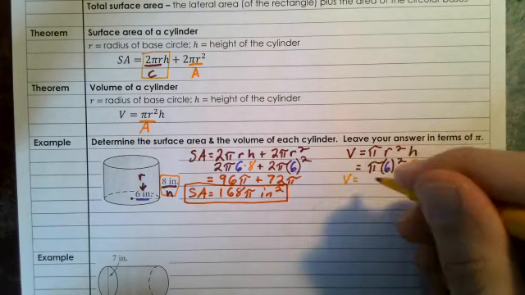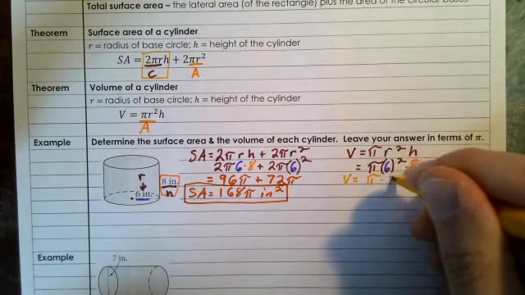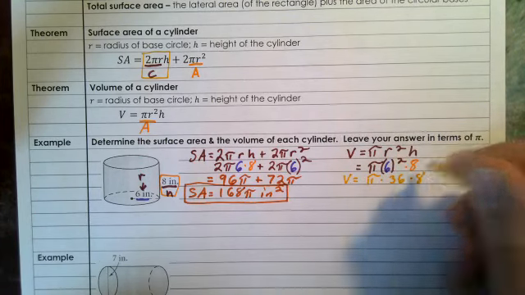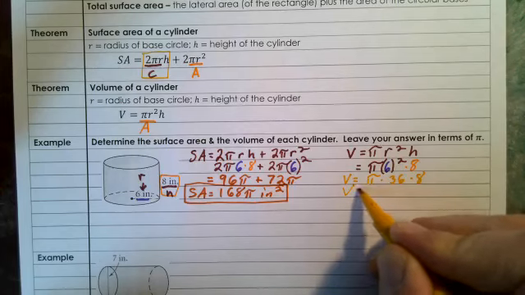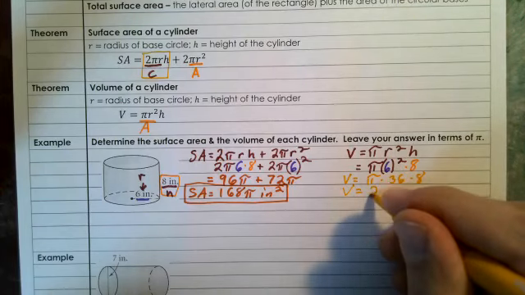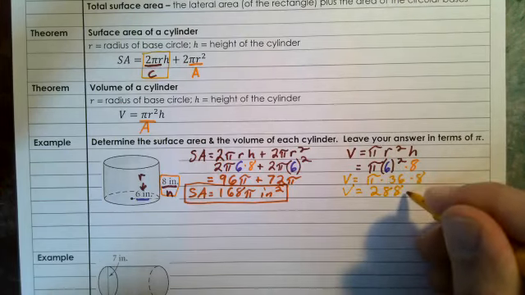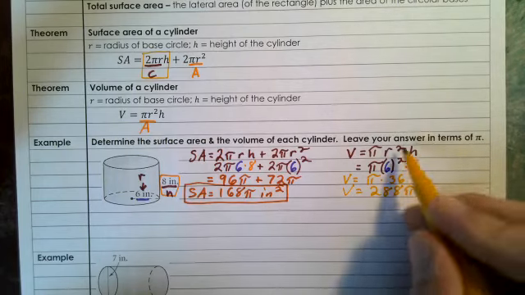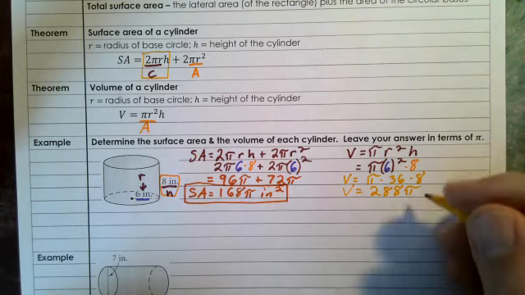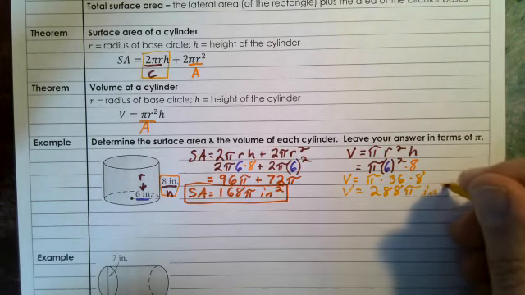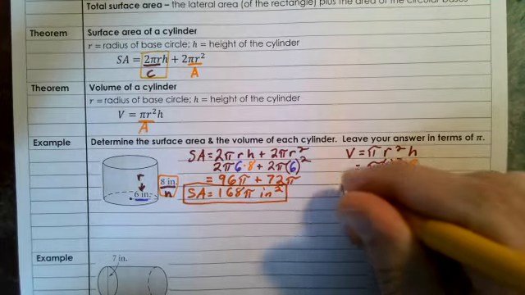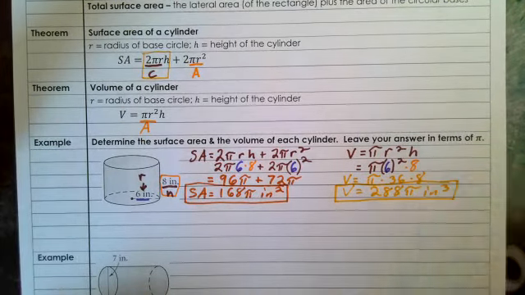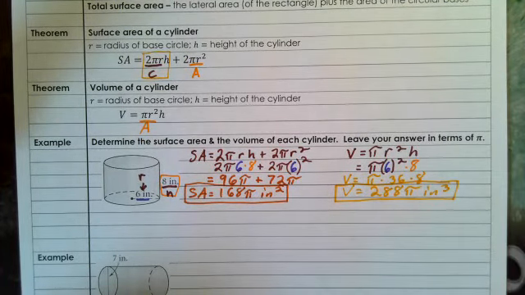So our volume equals pi times 36 times 8. And that 36 times 8 is going to be 288. I'm just going to keep that pi because it wants me to leave my answers in terms of pi. Inches cubed. Volume is always given in cubic units. And so there's our surface area and our volume.